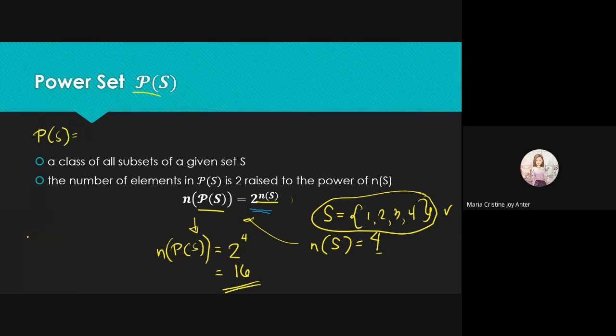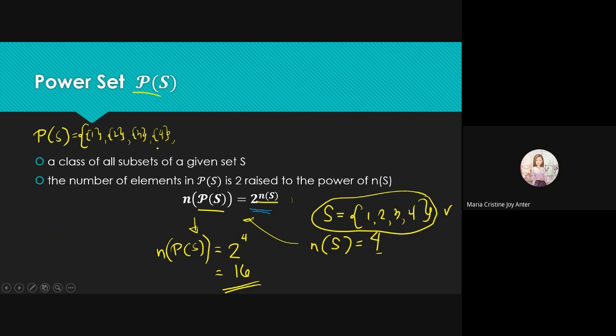So, what are the subsets of this set? First na subset ani niya is the subsets that contain one element only from the set S. So we can write 1, 2, and then 3, and then 4.